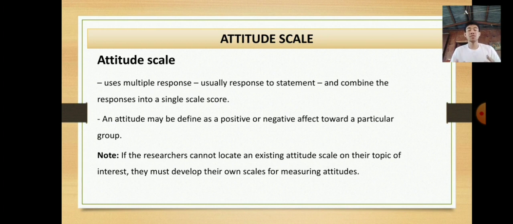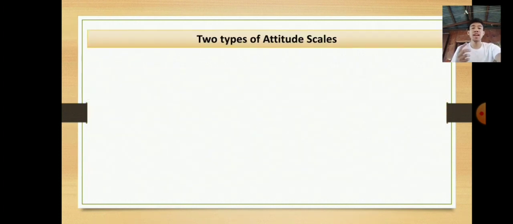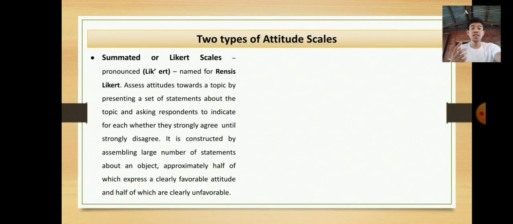Pero as we see here, meron tayong two types of attitude scale. Unahin na natin yung summated or Likert scales, pronounced as Likert. Named after Rensis Likert, who developed these scales.